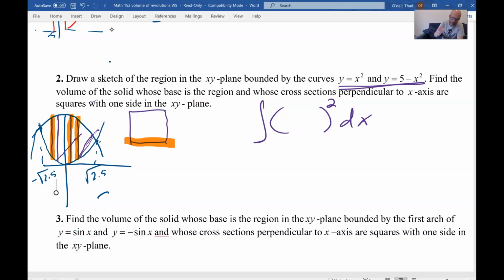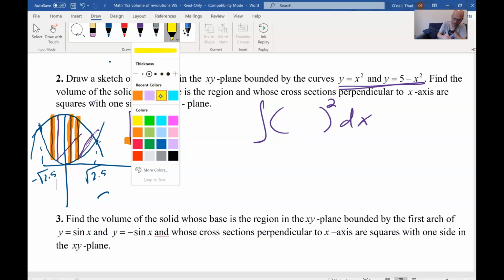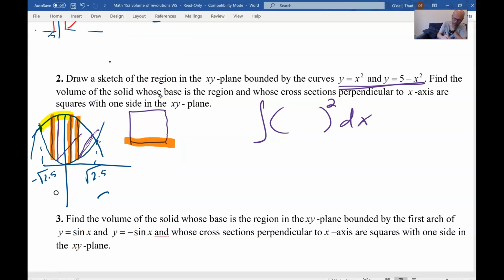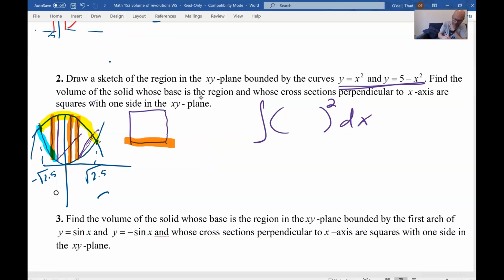Notice we need to find an expression for the length of that orange line, the blue line with the orange highlighted, right? And here's the cool thing, it looks like it's always the yellow highlight minus the baby blue highlight.